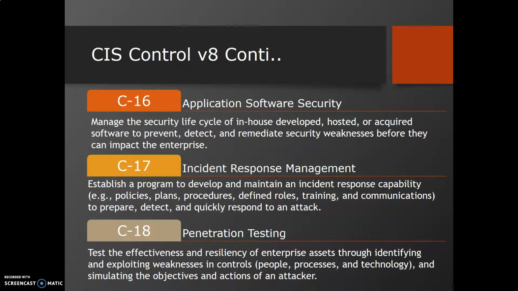And the next, the 18th control, and this is the last control, is penetration testing. Test the effectiveness and resilience of enterprise assets through identifying and exploiting weaknesses in controls and simulating the objective and action of an attacker. Till now we are only talking about flaws and vulnerabilities, but when we talk about a vulnerability, we can only make a guess how much effect can be done if somebody exploits it. To make sure what it is and how much it can damage, we do penetration testing. So the user knows this is the vulnerability, and they try to exploit it.